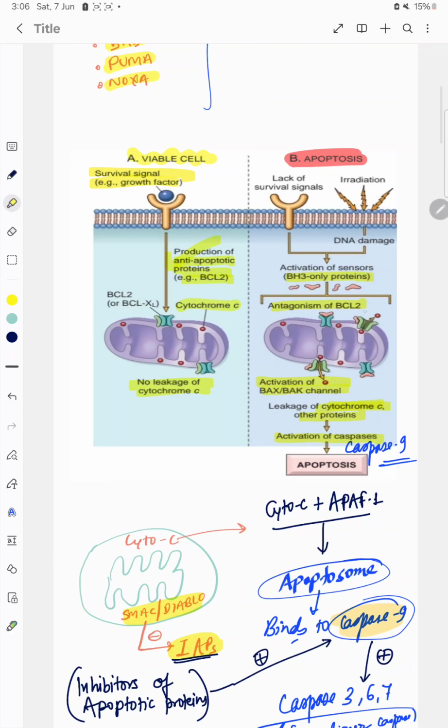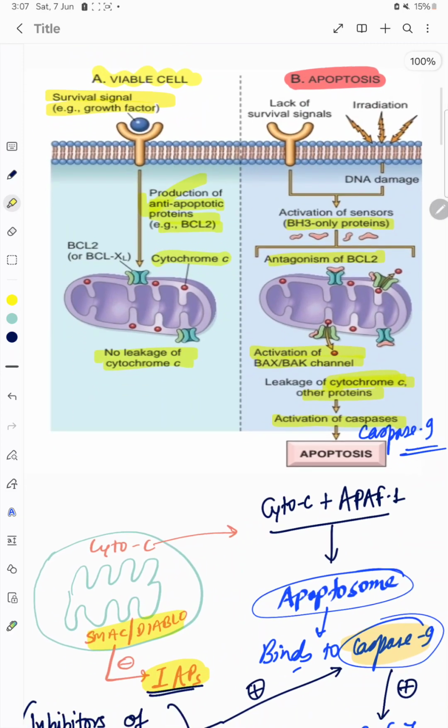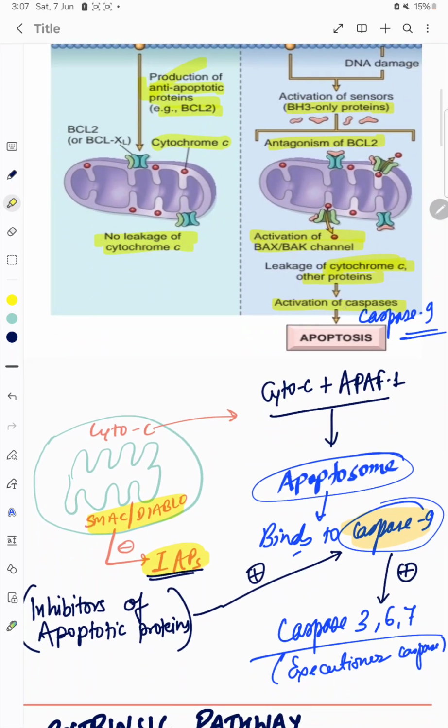They antagonize BCL2, and this will result in the activation of the BAX/BAK channel and promote the leakage of cytochrome C and other proteins, and result in the activation of caspases and ultimately in apoptosis.